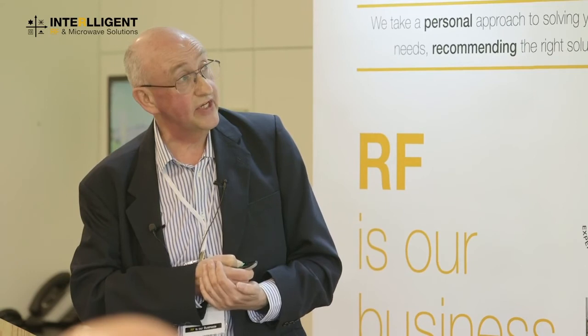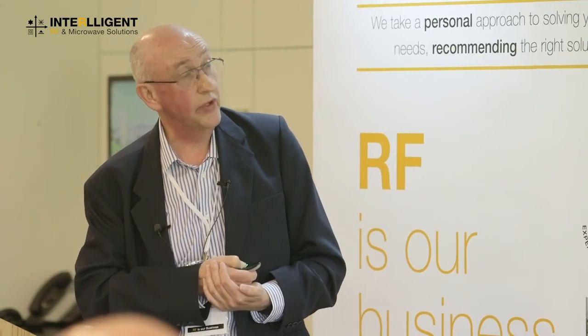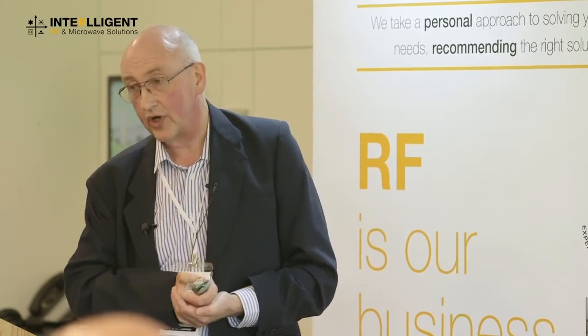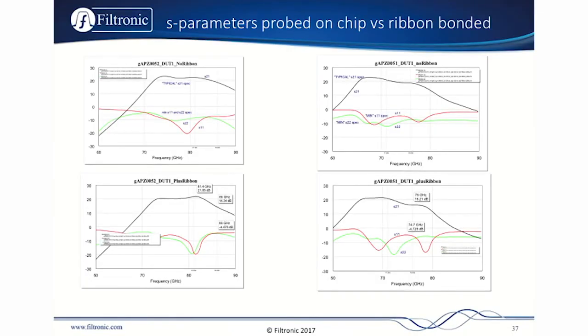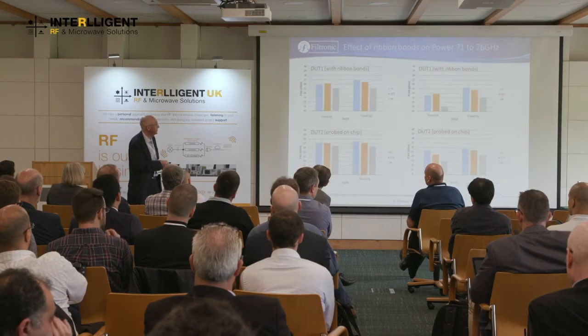This is a data sheet response, usually an on-wafer measurement. Once you add the wire bonds in, these are actual measurements, then you can introduce quite severe distortion to the characteristics. So again, you need to know about that. So if you're doing the characterization, it has to be done in a real circuit.